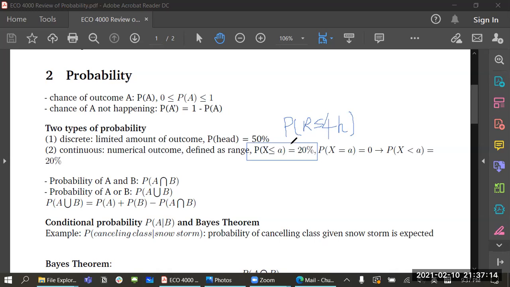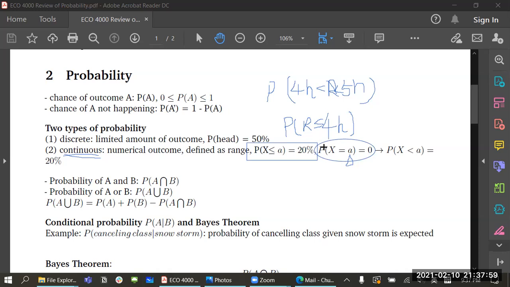So you can only have a range. Okay, you can also have a range that is in the middle. You can say, I want to run 4 hours to 5 hours. Okay, so that's another probability, but you cannot have exactly 4 hours or 5 hours. So what does that mean? It means that in a continuous case, be careful, in a continuous case, the probability of X exactly equal to a specific value is 0.